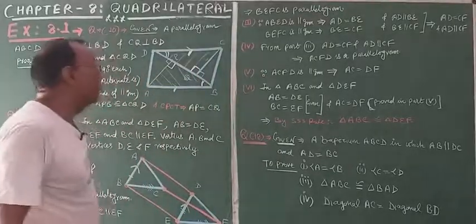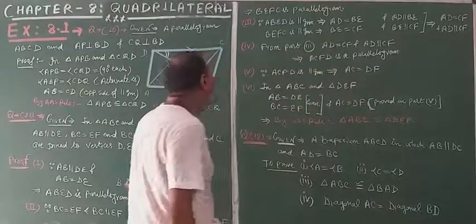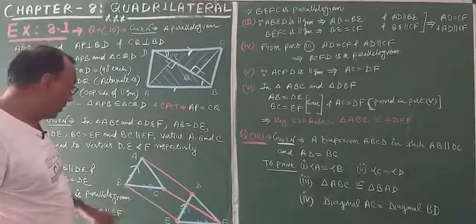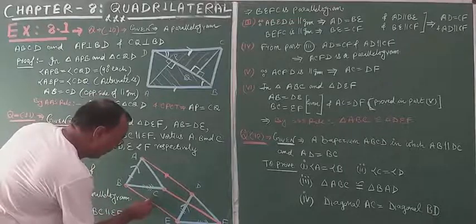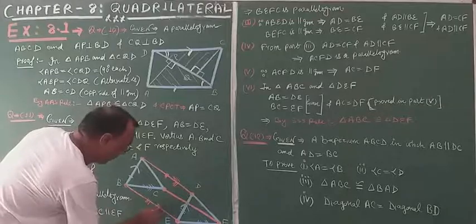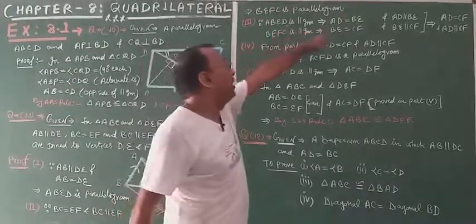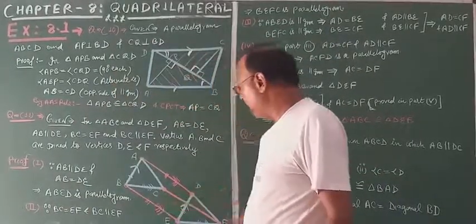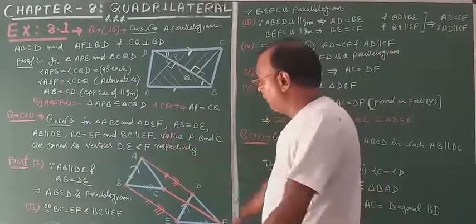Now, look at the third part. Since ABED is a parallelogram, this AD will be equal to BE, and AD will also be parallel to BE. If ABED is a parallelogram, then opposite sides are equal and parallel.